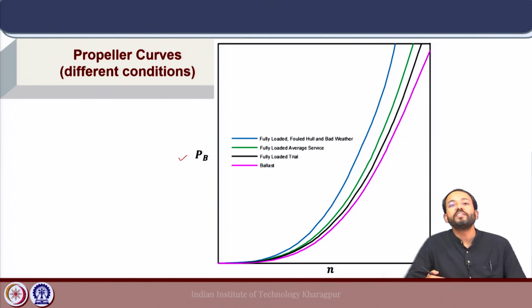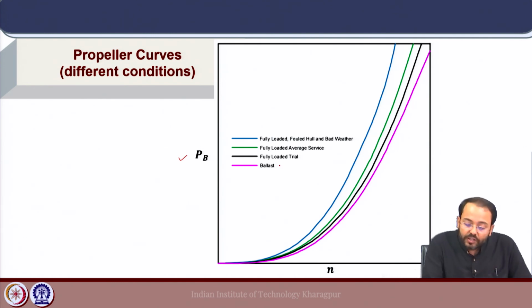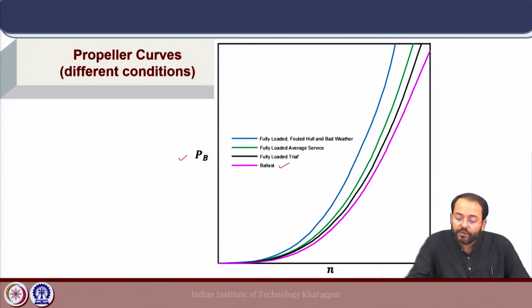Okay. So, we are calculating the power from the propeller side here. The propeller curves are shown for different operation conditions of the vessel. So, the condition which requires the minimum power, the pink line here, is the ballast condition, number 1. Next will be the fully loaded trial condition.